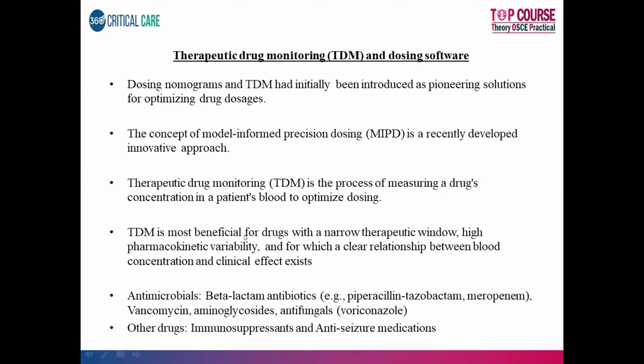It is most beneficial for drugs which have a narrow therapeutic window, high pharmacokinetic variability, and for which a clear relationship between blood concentration and clinical effect exists. Examples are beta-lactam antibiotics like piptaz, meropenem, vancomycin, aminoglycosides, and among antifungals, voriconazole.